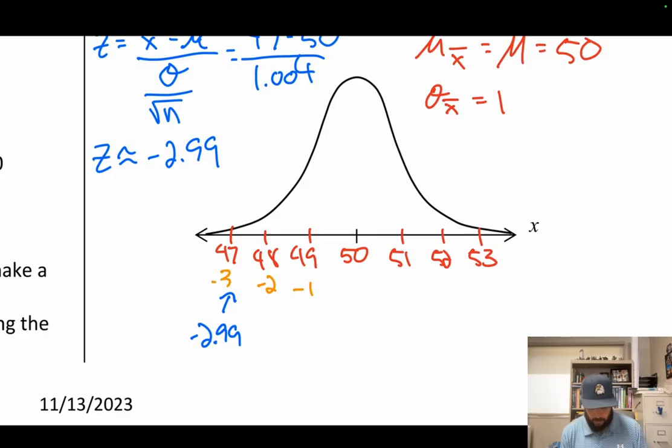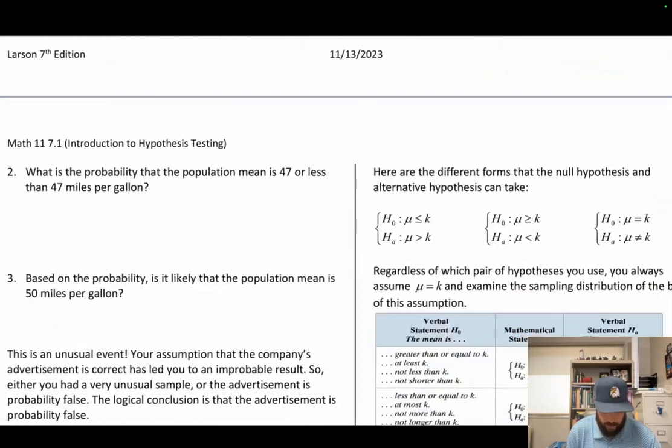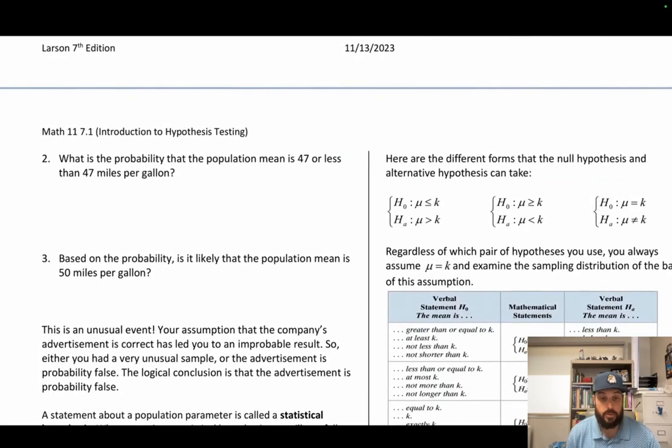And our -2.99 is right close to that -3. So then we want to find the probability that the population mean is 47 miles per gallon or less.